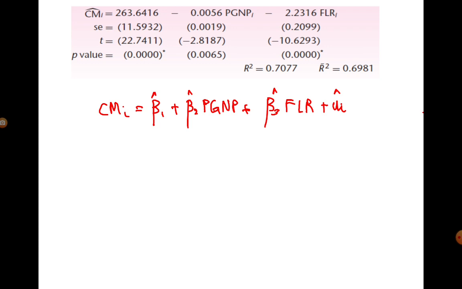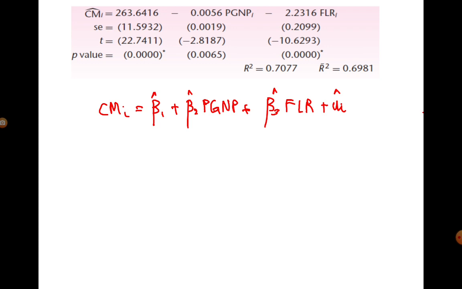I am saying that when PGNP increases, CM will come down because the sign of the coefficient is negative. A negative sign means that PGNP and CM, that is child mortality, are negatively related or inversely proportional.